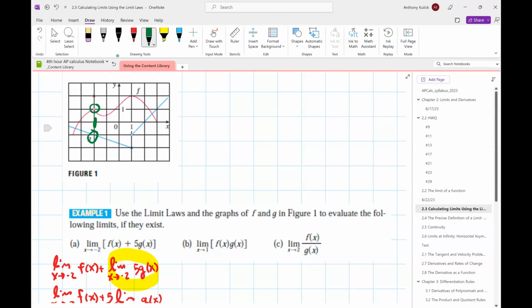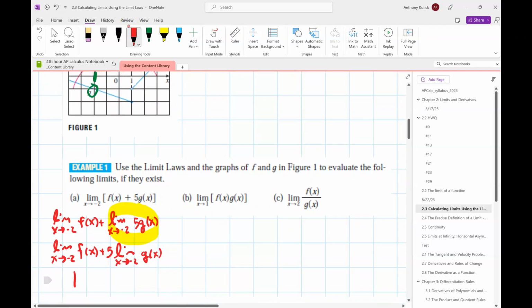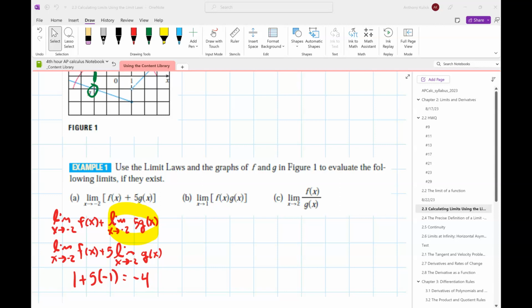And g of x is -1, not 0. So I have 1 plus 5 times -1. That look okay? And we're done.